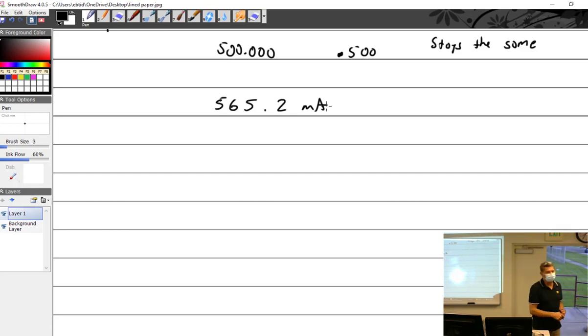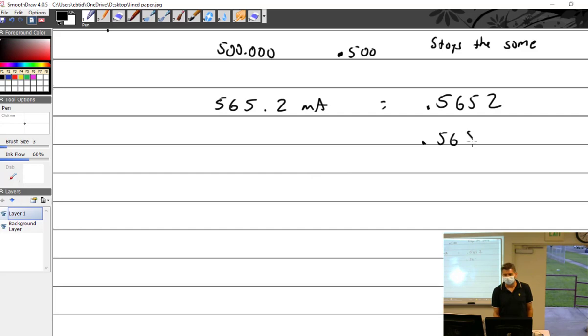If I said round to the nearest 3 places, you're good, because it's 565.2, right? You've done it to 1 decimal place. But this side doesn't want to use milliamps, they want to use amps. So they look at it and say, that's equal to 0.5652 amps, so I'm going to round off to 0.565. Who's more accurate? This side of the room or this side of the room?